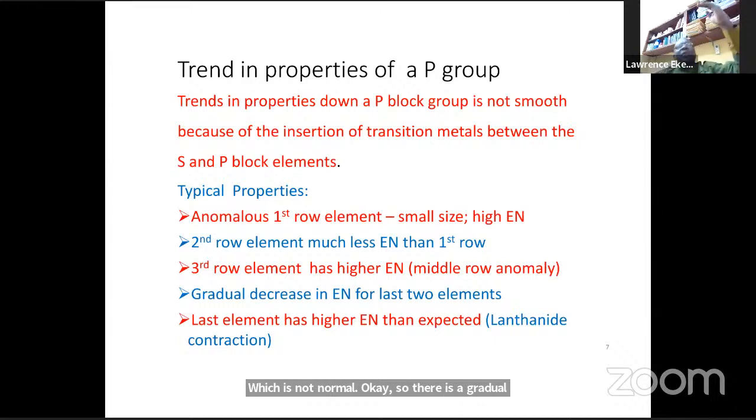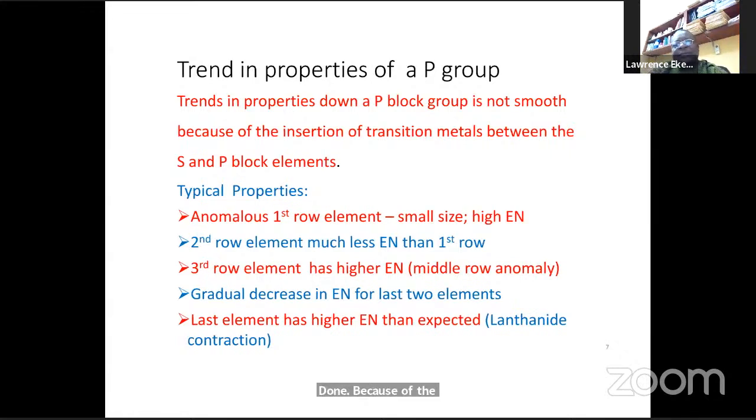The first row is higher, the second row is lower, the third row is higher, but for the last two rows, we now have a gradual decrease in electronegativity. However, the last element in the row has a much higher electronegativity than expected, because of the lanthanide contraction.